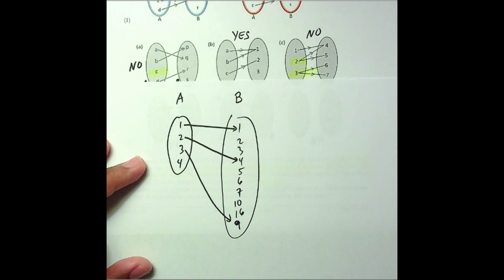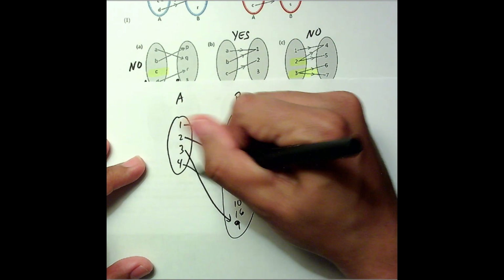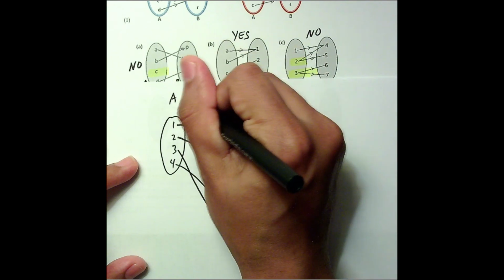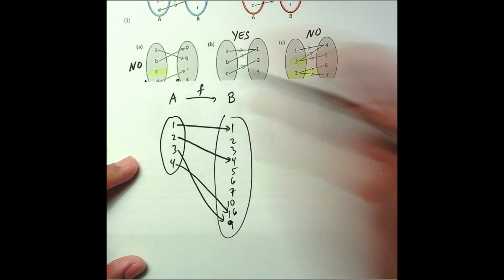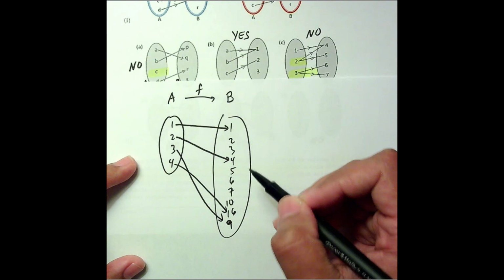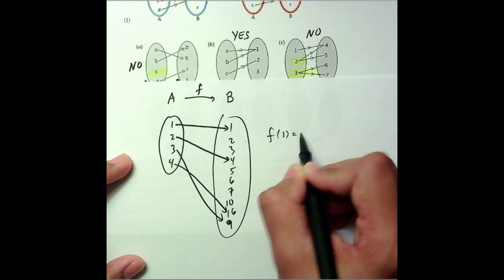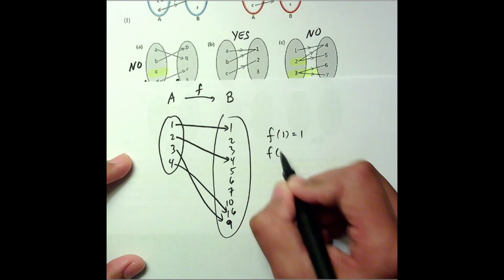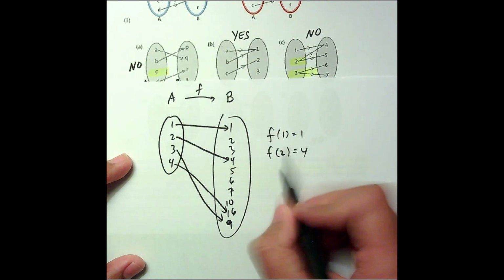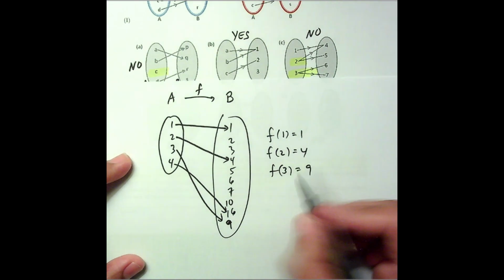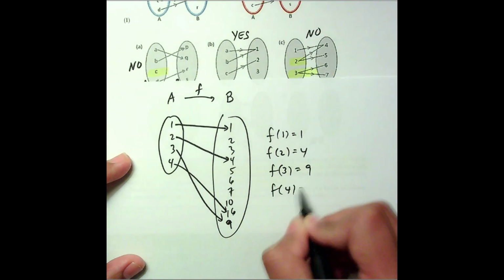And 4 is associated to 16. If we call this function f, then instead of drawing a diagram, we can just say 1 is associated to 1, 2 is associated to 4, 3 is associated to 9, and 4 is associated to 16.